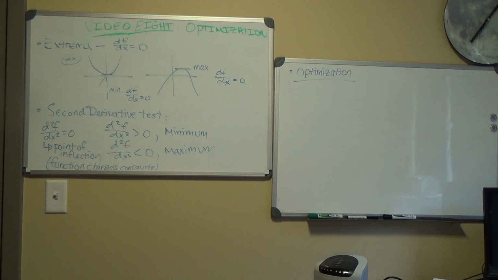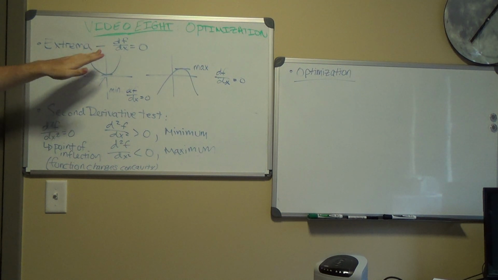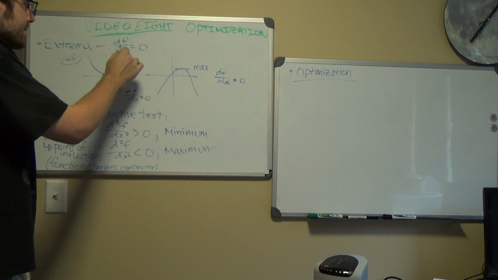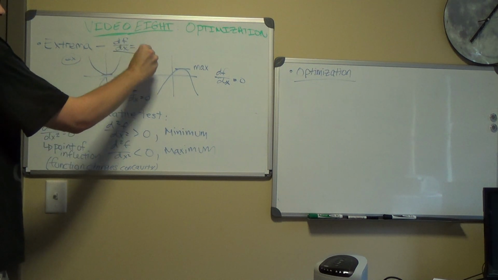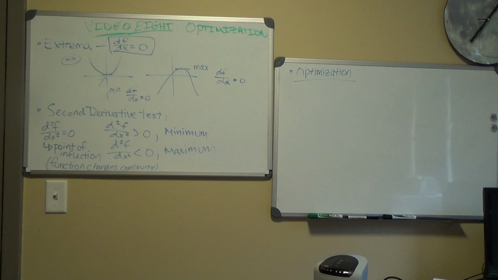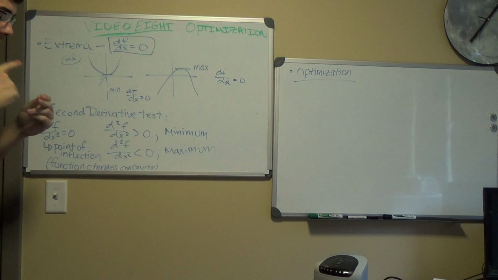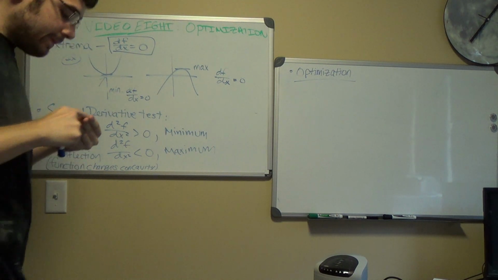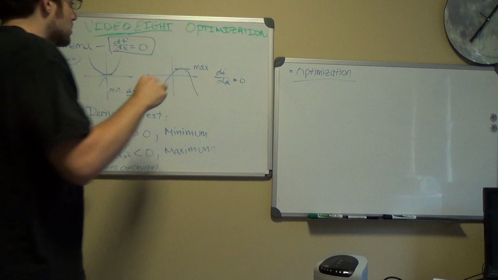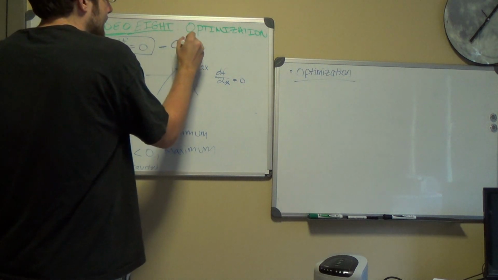An extremum is defined where the derivative of a function with respect to x is equal to 0. This is also called the critical point.